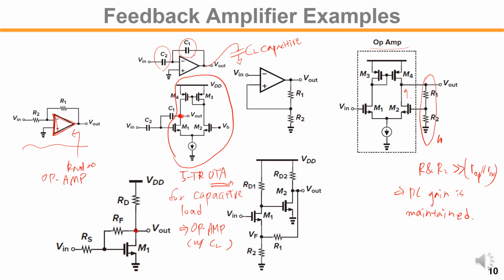So another example, we had the feedback through the gate and drain like this. So this kind of thing is sort of an amplifier. So we have a resistive feedback, RS and RF like this. And also there are many different kinds of feedback structures we can imagine here. All these techniques are used in actual amplifiers. So this is the feedback amplifier that we have learned so far as quite important.